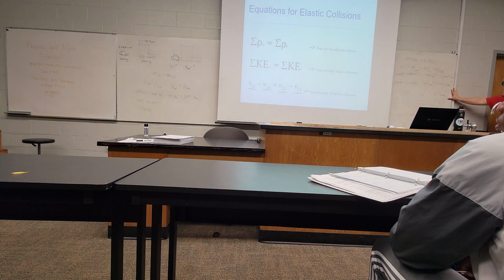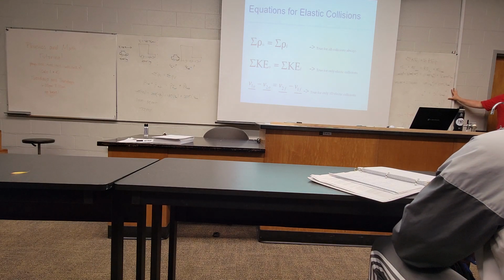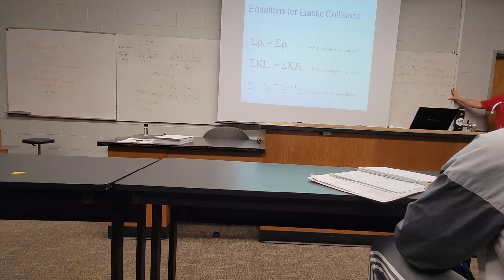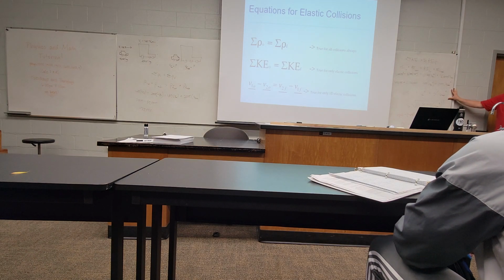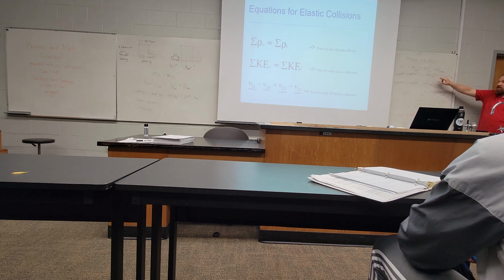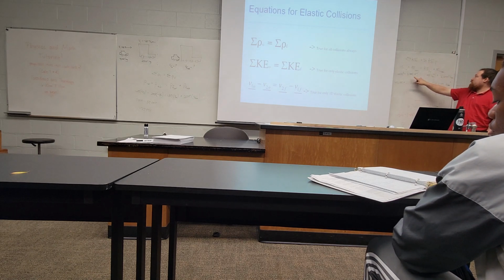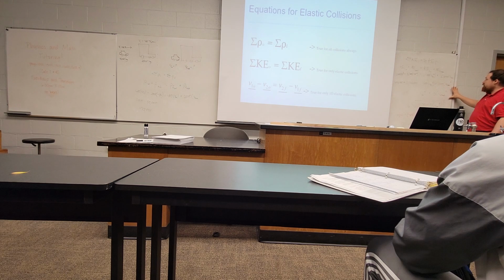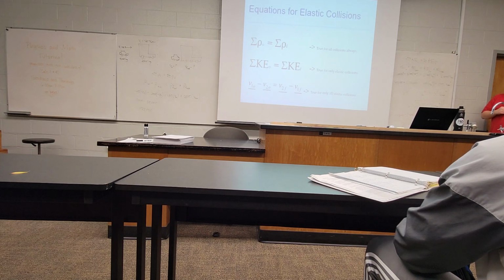And this works because momentum and kinetic energy have the same two unknowns in them, mass and velocity. So conservation of kinetic energy, looking at the total KE before versus after, can give you a similar formula with the same two unknown final velocities in it. And this is a second equation with the same two unknowns in it that we can use to plug into the first one and figure them both out.